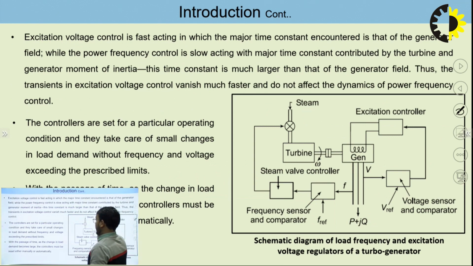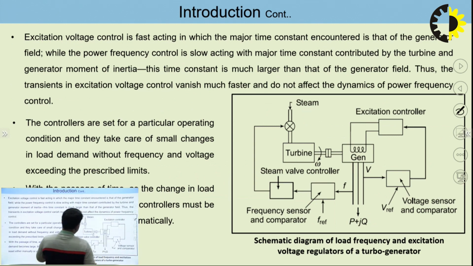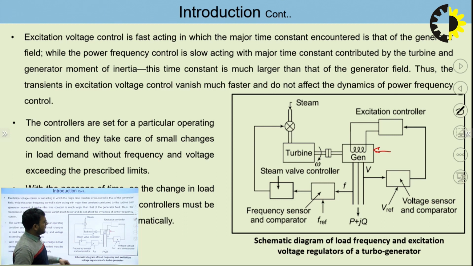So excitation control, we'll talk about this one. Actually this is the generator, and you can see that this generator is connected with the turbine with the help of this coupling. This is a shaft. With the help of this shaft the turbine is connected to the generator, so that its rotor rotates and electrical power is generated.